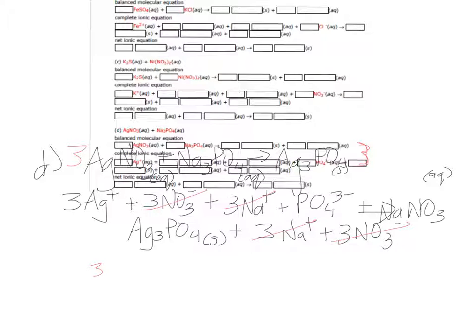We have 3 silver ions and 1 phosphate ion, which pair up to form silver phosphate.